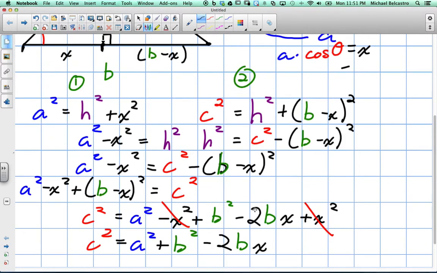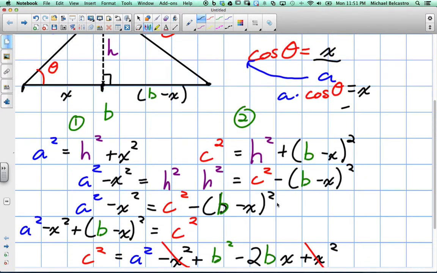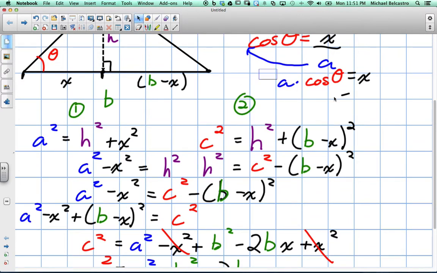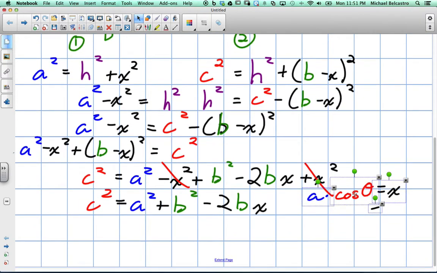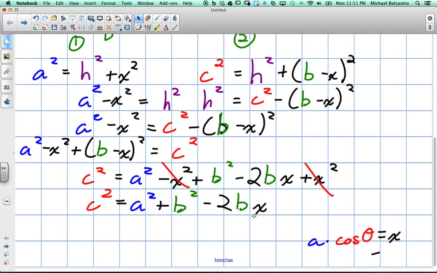our x down here. So using that information, I'll drag it down with us here. We're going to replace the x in this equation. So now we'll read c squared is equal to a squared, and we use the same colors we've always been using, plus b squared minus 2b.